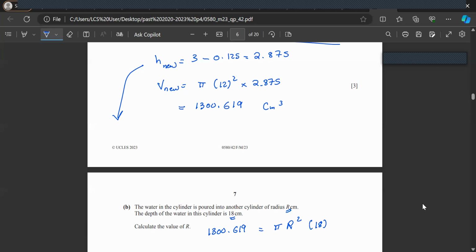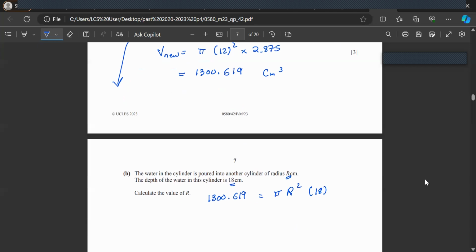So can I find this r now? Yes, I can. You can keep it like this, 414 pi, because if I write it like this, I can cross the pi with the pi without rounding. So pi goes with the pi, then divide by 18.